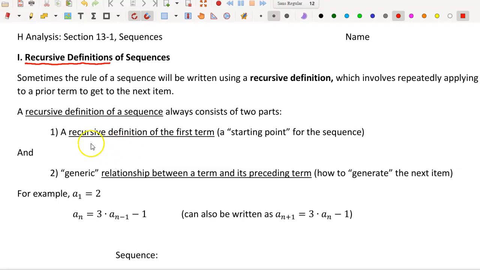So the first part, there's two parts to it, okay? And here's an example right down here. You can see there's two parts to it. There's a part where you just say what the first term is. So that's what this one is right here: you just declare a sub 1 equals the first term, and it's just standalone by itself, and you leave it be, right?